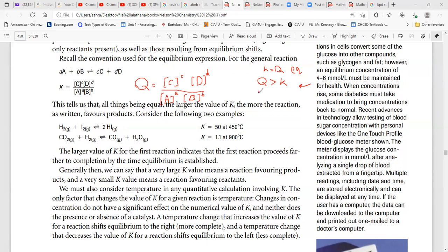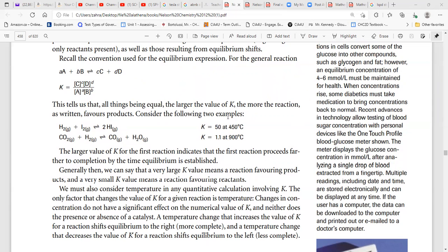If K is bigger than Q, or Q is less than K, you need to increase the concentration of C and D until Q is the same as K. To increase that, the reaction needs to go forward.